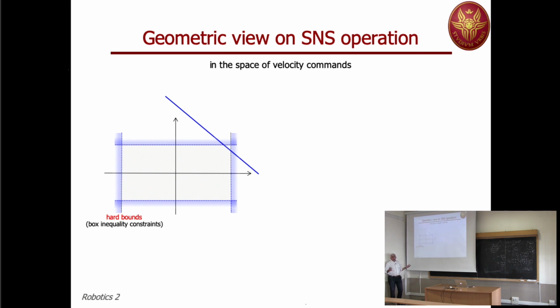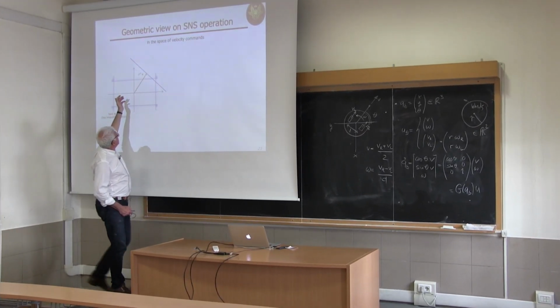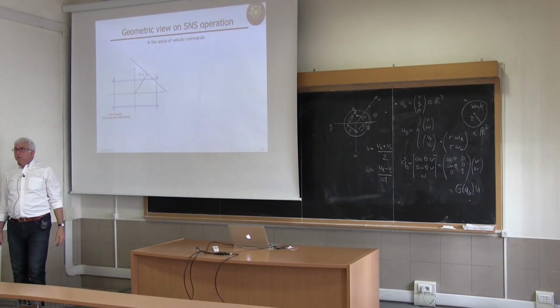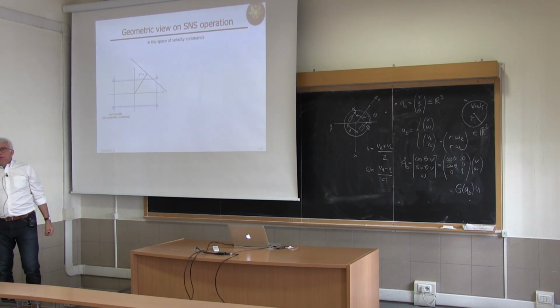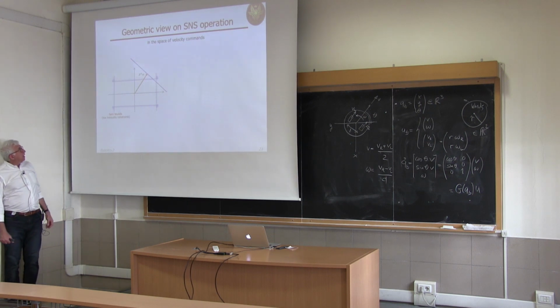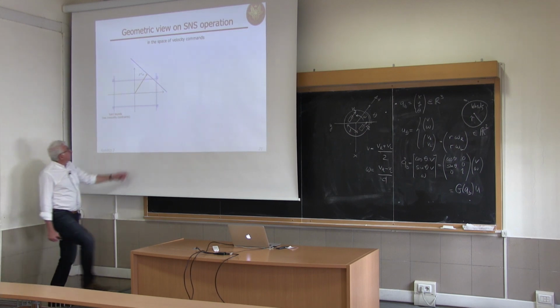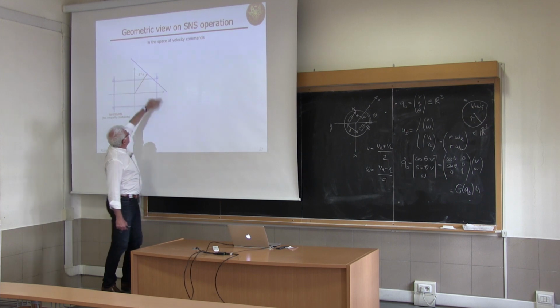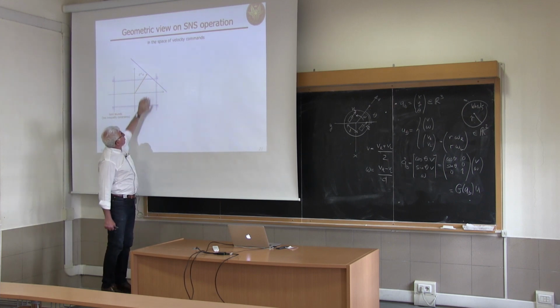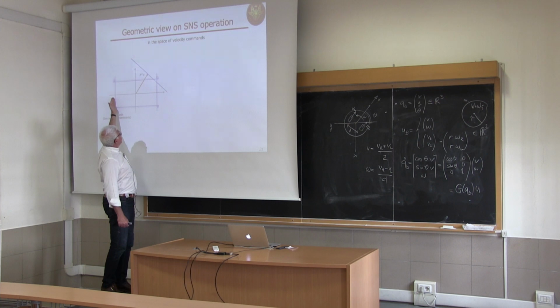Of course, here we have a solution. All the points in this segment are solutions, and we would like to find the minimum norm one, so the closest to this point. And we will do this in this way. First step, we find the minimum norm solution without taking into account the hard constraint, and you will see that we end up with this joint velocity, so with this point here, which is violating the constraint on Q2 dot, but not on Q1 dot.